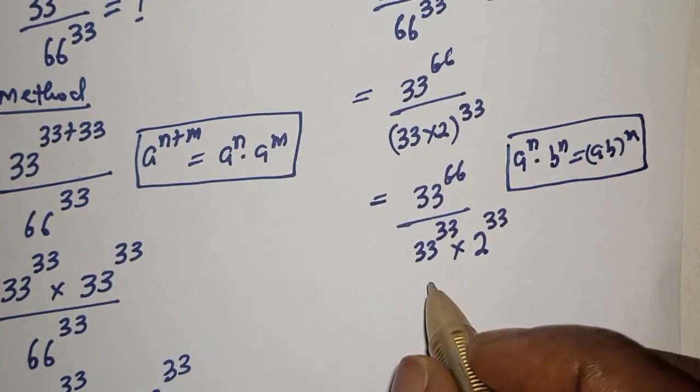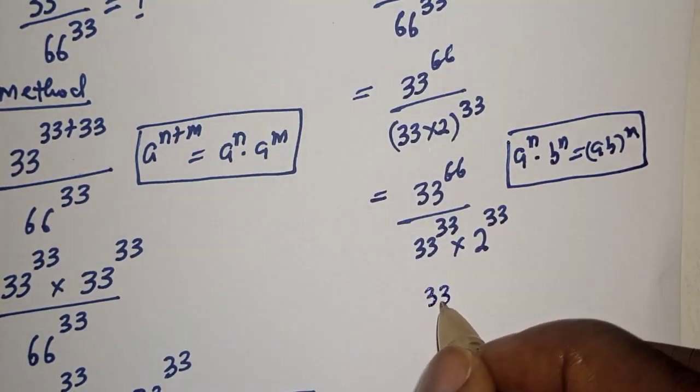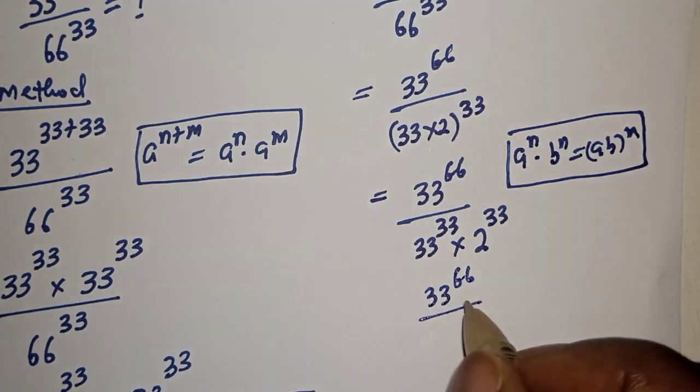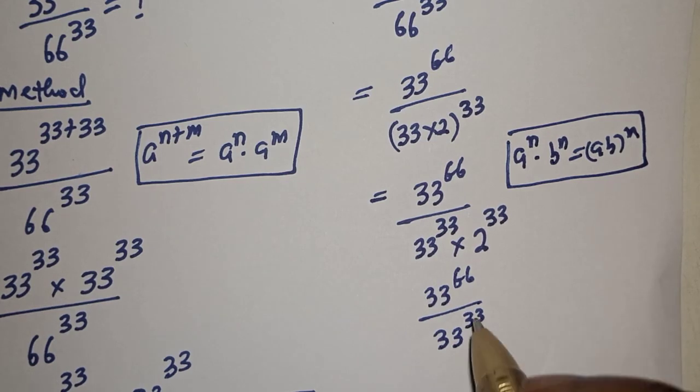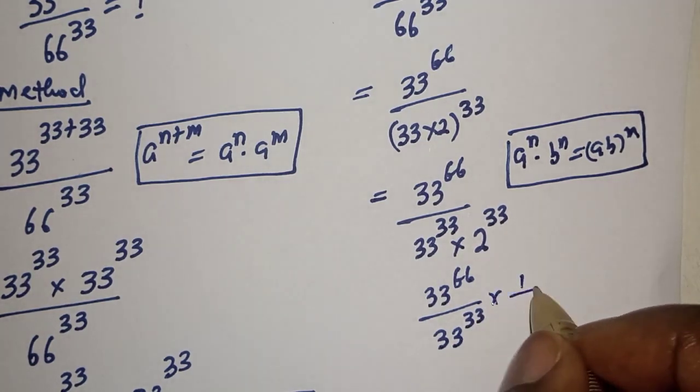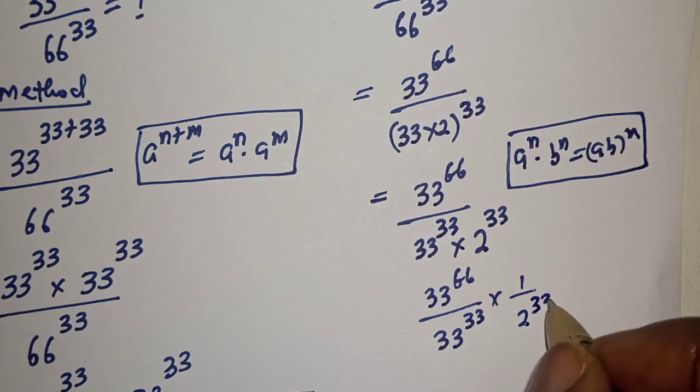And here is 33 raised to power 66 over 33 raised to power 33, multiplied by 1 over 2 raised to power 33.